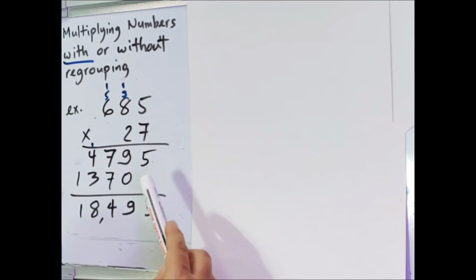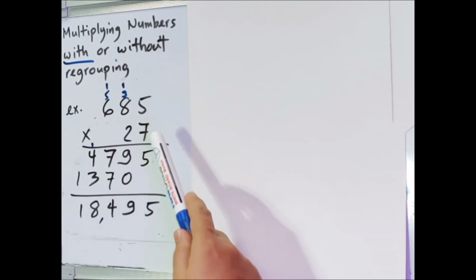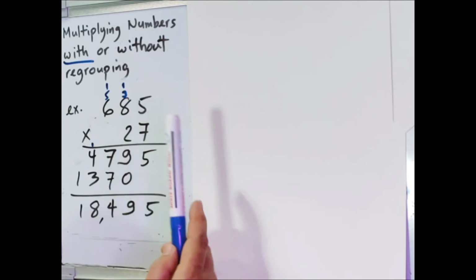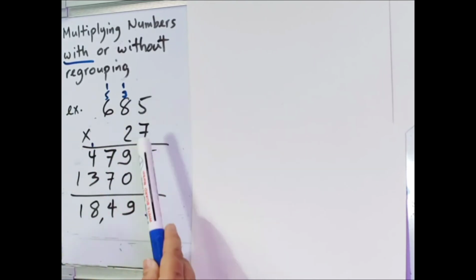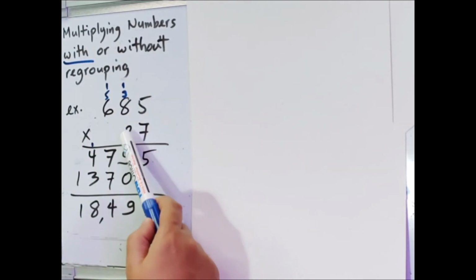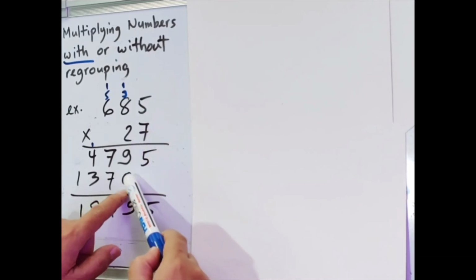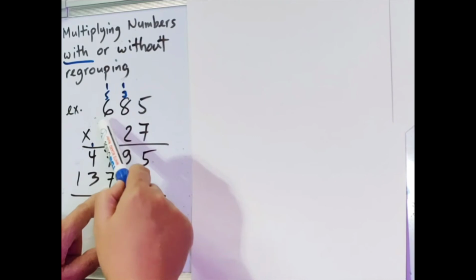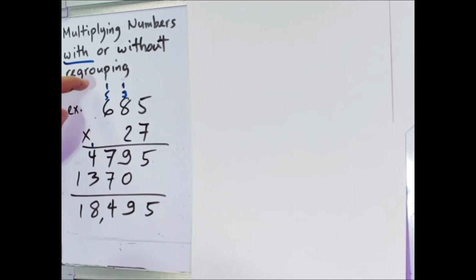4,795. Next is to multiply the tens digit of the multiplier, which is 2, to each digit of the multiplicand. So we have 2 times 5, 10, carry 1, 2 times 8, 16 plus 1, 17, carry 1, 2 times 6, 12, plus 1, so 13.